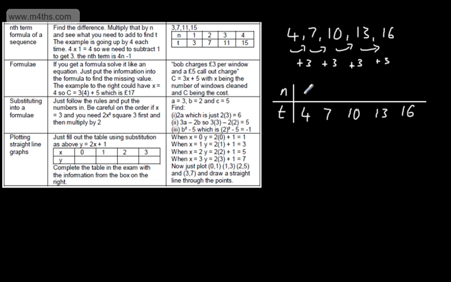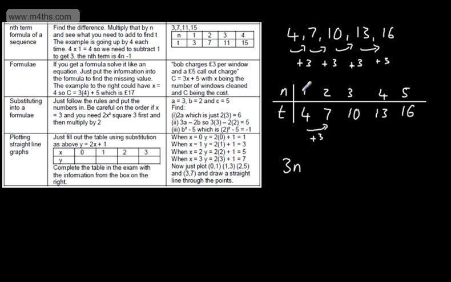N is the number of the term. This is the first term, second term, third term, fourth term, fifth term. I can see that it's going up by 3 each time, as we've just seen. So it's plus 3. At this stage, I'm simply going to write 3n. It's going up by 3 each time.